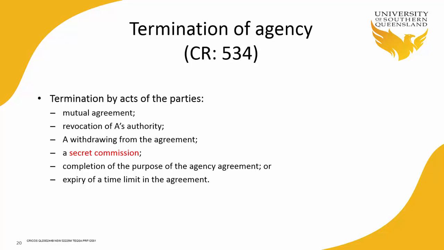So an agency may be terminated by the principal where the agent has accepted a secret commission, or completion of a specific purpose or act agency, so one specific agency, or if there's a time limit, or because of operation of the law through performance or lapse of time or even death. Also insanity, bankruptcy, and frustration.